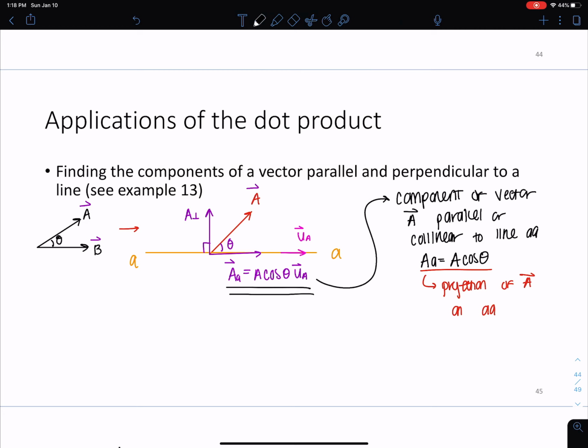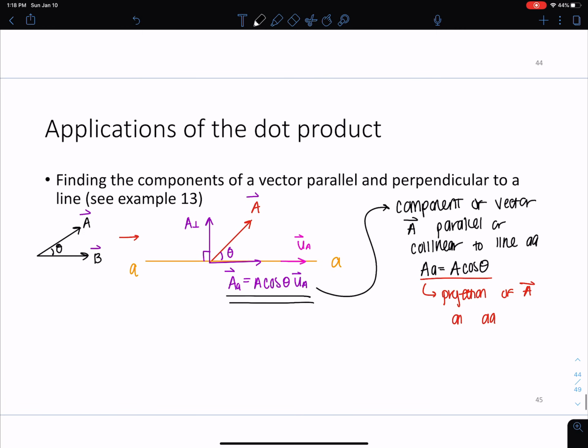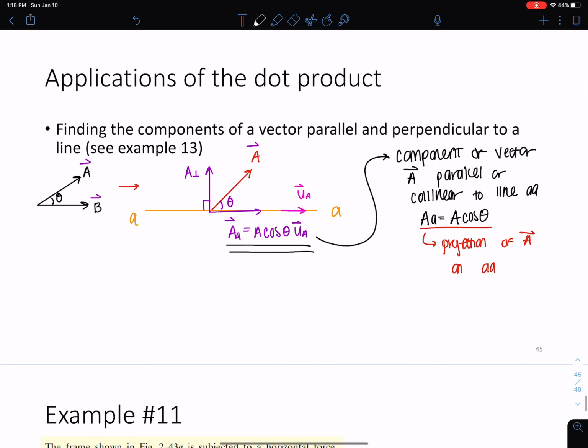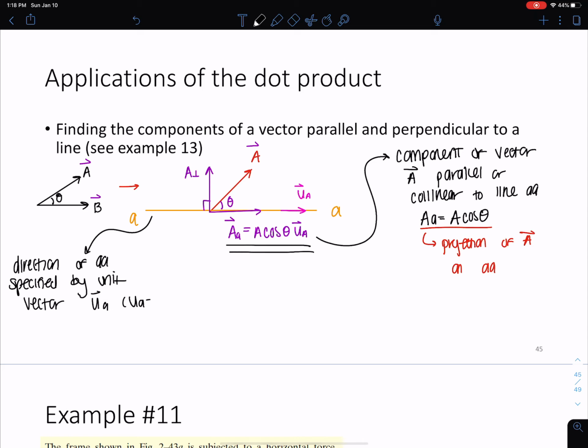Now, the direction of the line is specified by the unit vector. So how do we figure out the direction of the line? We specify it by the unit vector. Remember, our unit vector has a magnitude of 1. That's the definition of a unit vector.